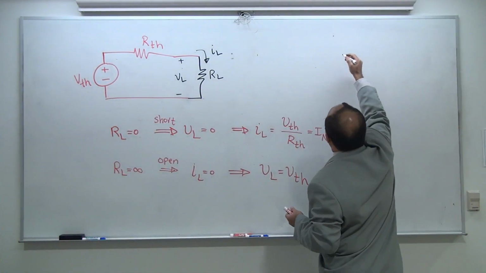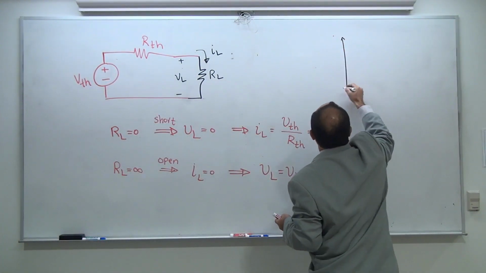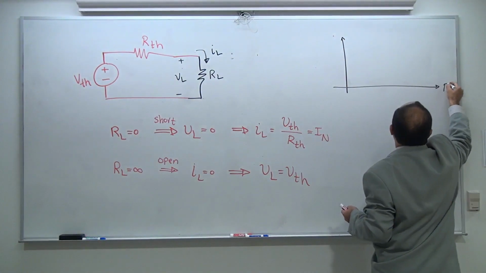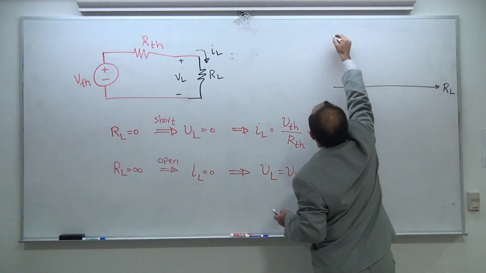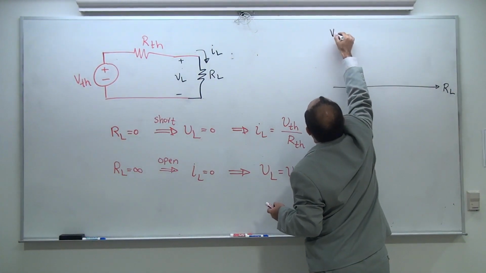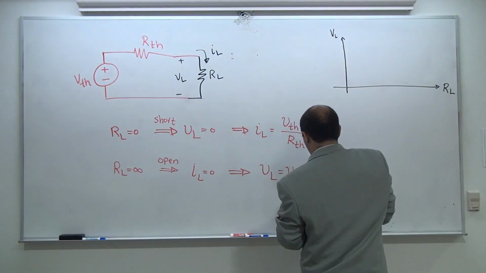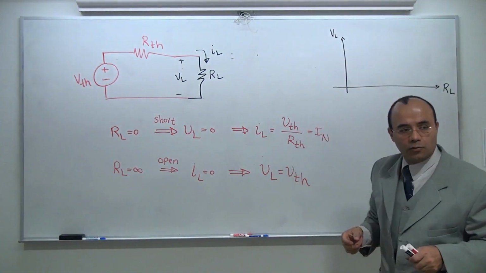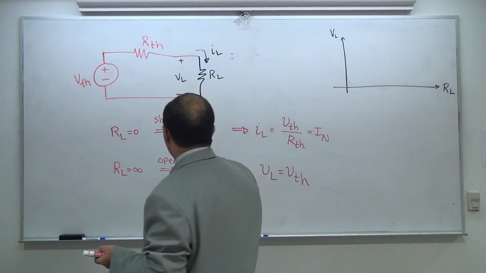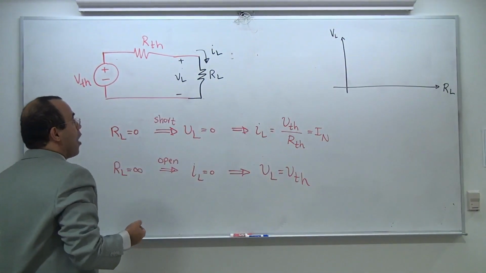I want you to plug this on a VL IL scenario. So basically, this is going to be my RL, and this is going to be my VL. And then I use a different color to show what happens when the IL is considered.